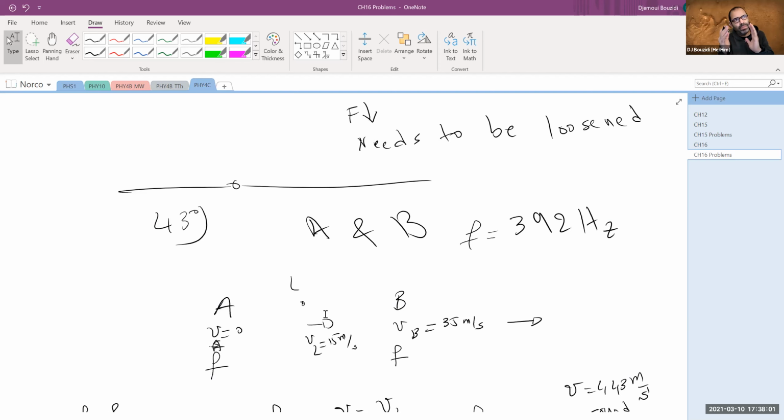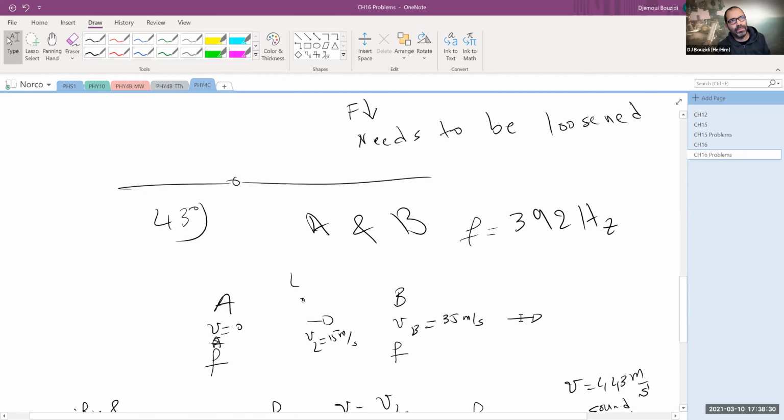For the second one, the train is not sitting still. The train is actually moving. So the fact that he is approaching it is going to compensate for some of those decreases, but the net effect is not going to be enough. It's going to decrease anyway because there is a net separation between them. The train is moving at 35 meters per second, whereas he is approaching at 15 meters per second. So there is a net difference of 20 meters per second in this direction.